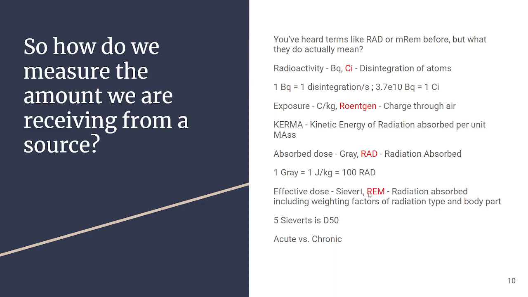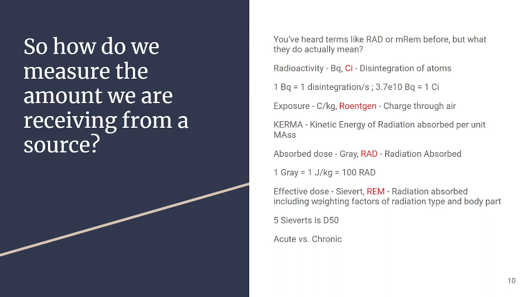Sievert and rem. So you go from gray times your weighting factor for the radiation, or times your body part factor, and you get your sievert or rem. And it's the same conversion of 100 rem is 1 sievert. And you're usually not going to measure things in straight sieverts.